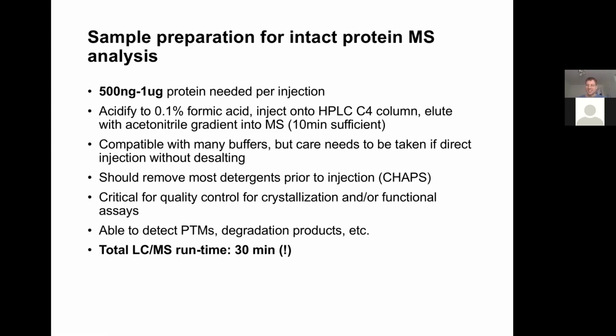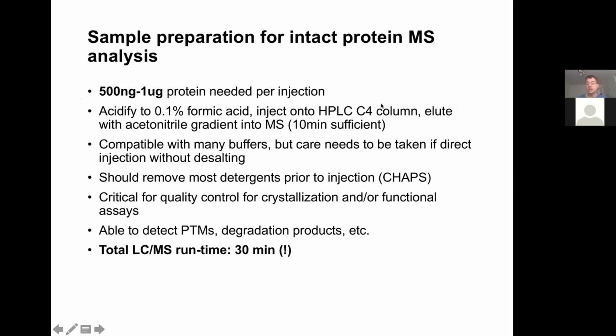We have examples of proteins that we know are fine, but in very rare cases, they just don't show up on our mass spec. So it's not 100% perfect all the time, but with some tweaking, you can see pretty much all proteins. Okay, so you need, let's say, 1 microgram of a protein per injection.